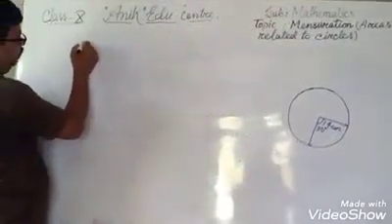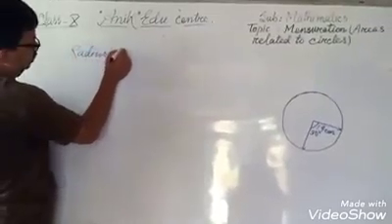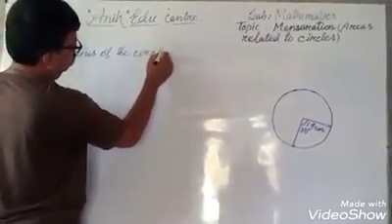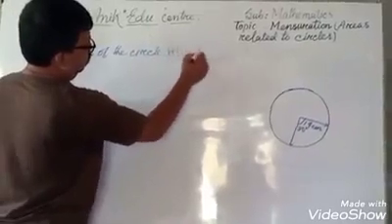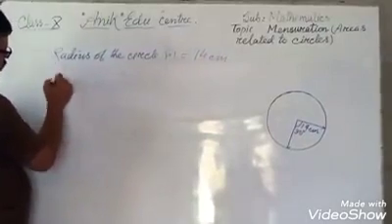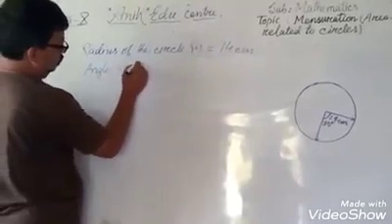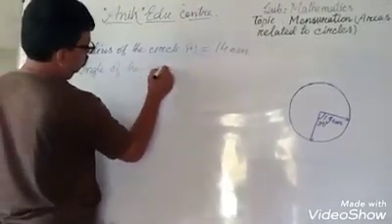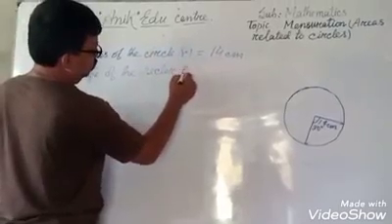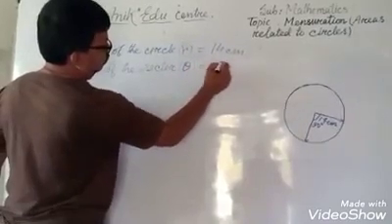That is our radius of the circle r is equal to 14 centimeter. Angle of the sector theta is equal to 30 degree.